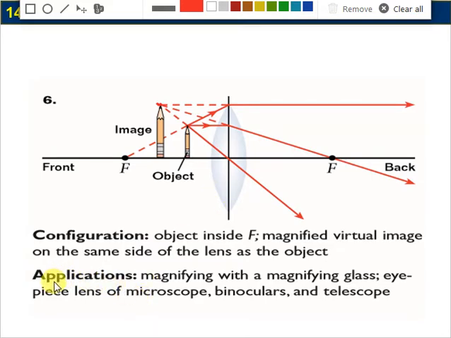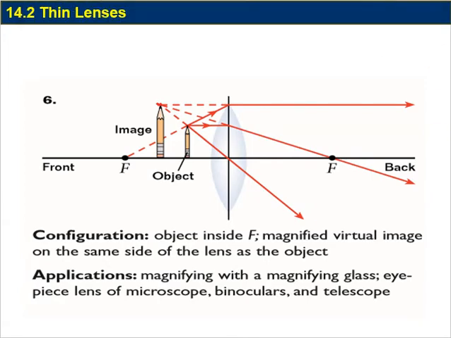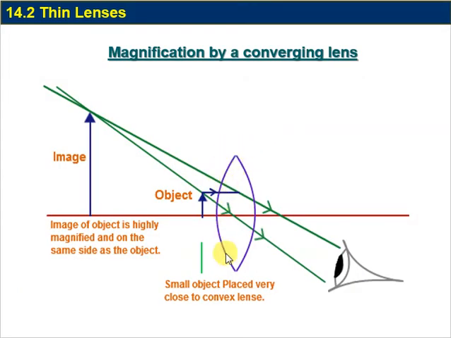A very common application about this one is the magnifying glass. The magnifying glass, girls, why do we use it? You know that we use it for sure, girls, in order to make, for example, words bigger, right? So the magnifying glass is used to make words bigger.